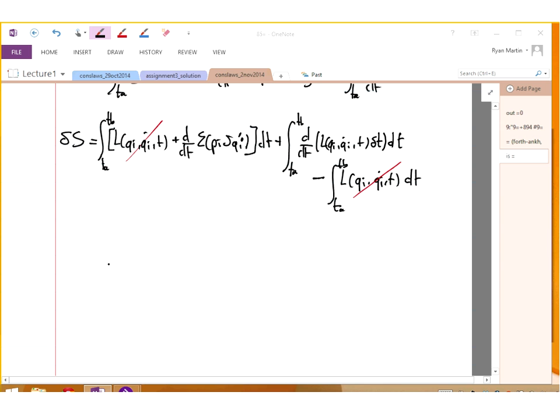the integral from ta to tb of d by dt of the sum of the pi delta qi primed dt.